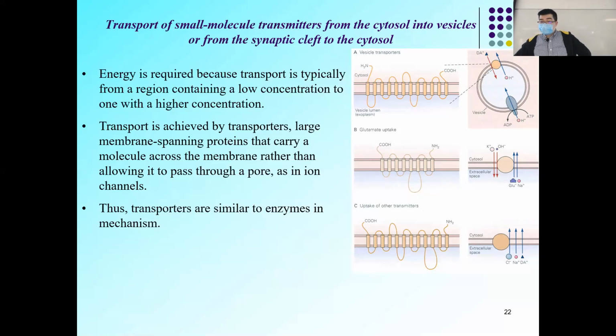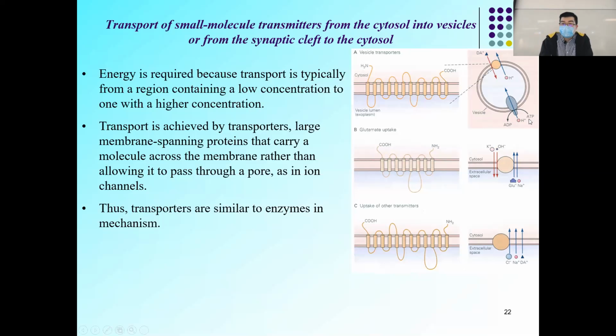Yes, you're right. The refueling process for amino acids and acetylcholine and for the peptides are different. As we mentioned, the peptides are produced in the ER and also mature in the Golgi apparatus and also in the vesicle. When we talk about the neuropeptides, then you will see more, okay? Yeah, good idea.